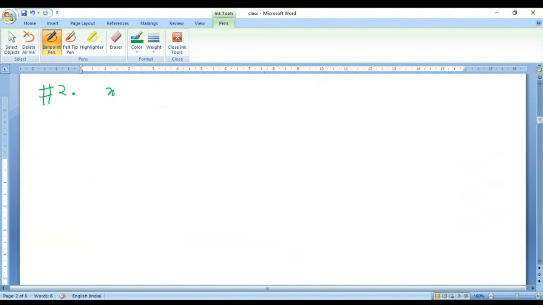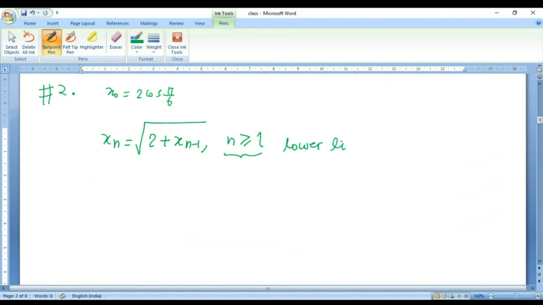That sequence is x_0 is 2 times cos of pi over 6, and x_n is defined to be the square root of 2 plus x_(n-1), n greater than or equal to 1. The lower limit is very important because that tells you that the recursion starts at n equal to 1. This is of fundamental importance.